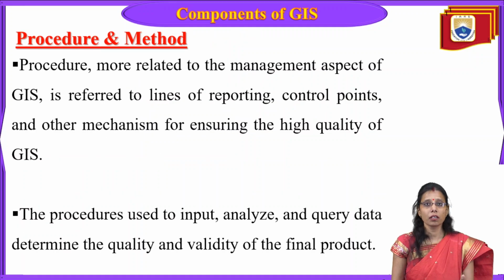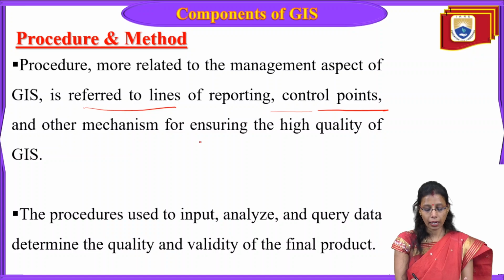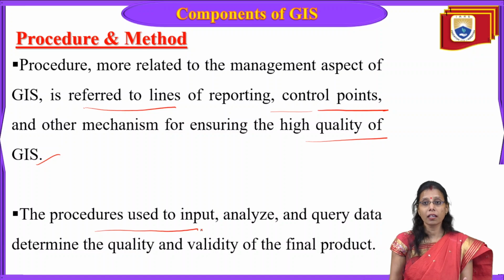Next, coming to the next major component, we talk about procedure and method. So what is the procedure and method? We have to follow some procedure to run the GIS setup. So this also comes under the major components of GIS. Procedure, more related to the management aspect of GIS, refers to lines of reporting, control points and other mechanisms of ensuring the high quality of GIS. It is the procedure used to input, analyze and query the data, and determine the quality and validity of the final product.